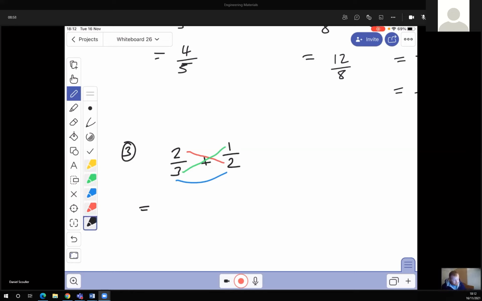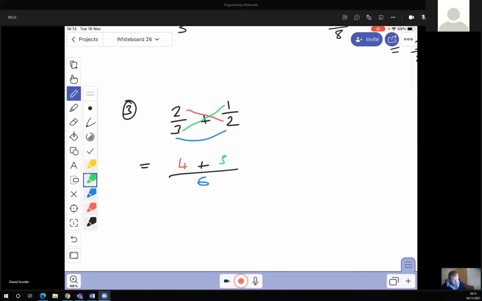So the bottom of our new fraction is going to be those bottom terms multiplied together. 3 times 2 in this case is going to be 6. 2 times 2, the red line, is going to give us 4. The sign stays the same. 3 times 1 is going to give us 3.